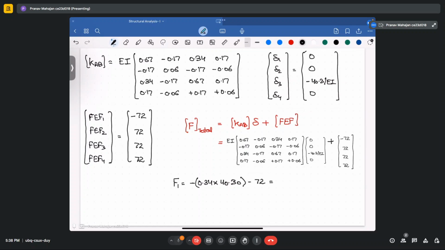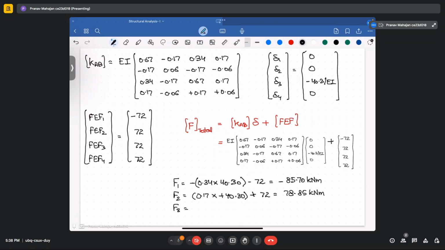You will get it as minus 85.70 kilonewton meter. Your F2 will be 0.17 into minus 40.3, sorry, it is minus and minus, so it will be positive, 40.3 plus 72. You will get the value as 78.85 kilonewton meter.